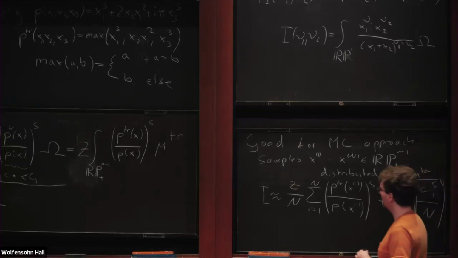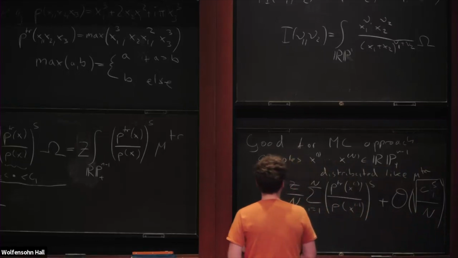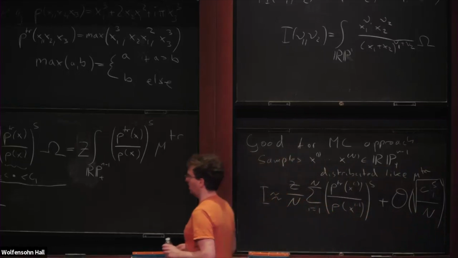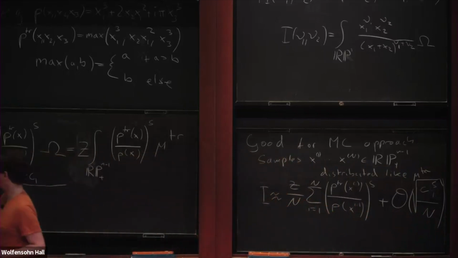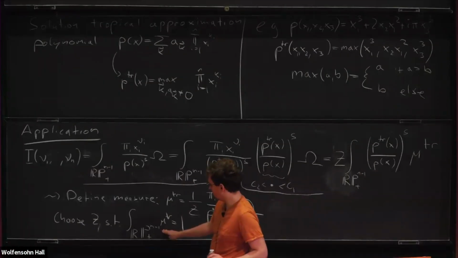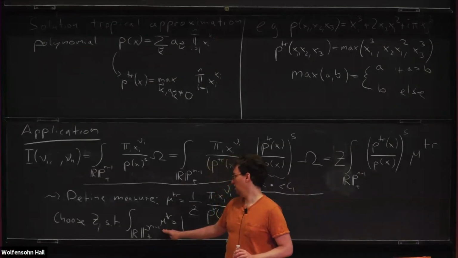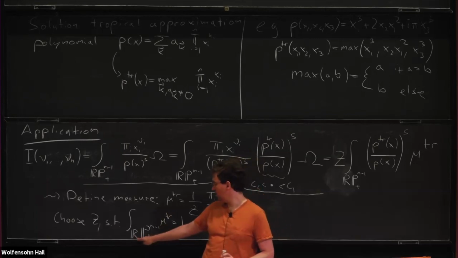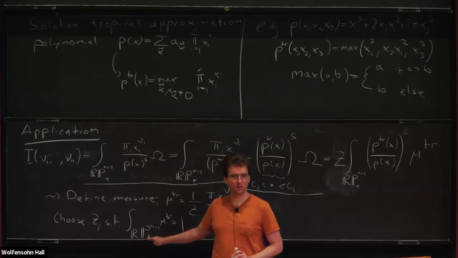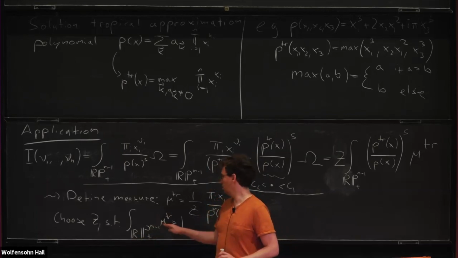So we have this identity that mu trop is a positive weight for each point. So you assign a density to each point in R_+ in the space.